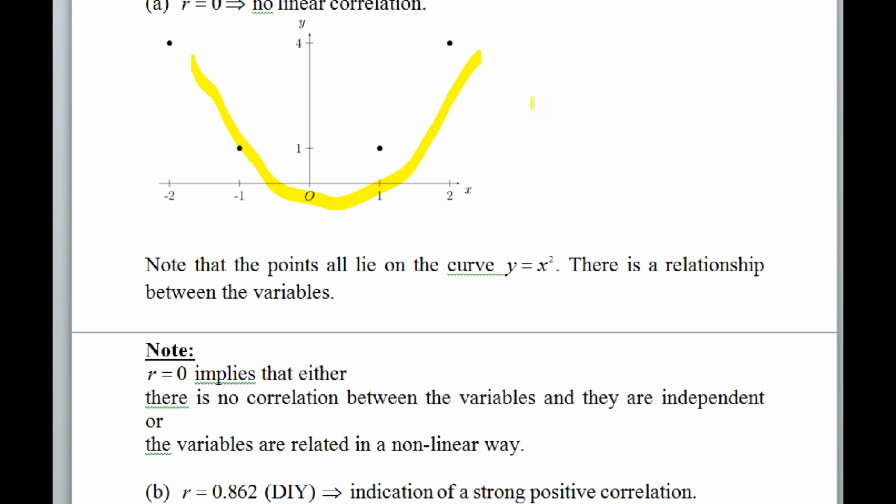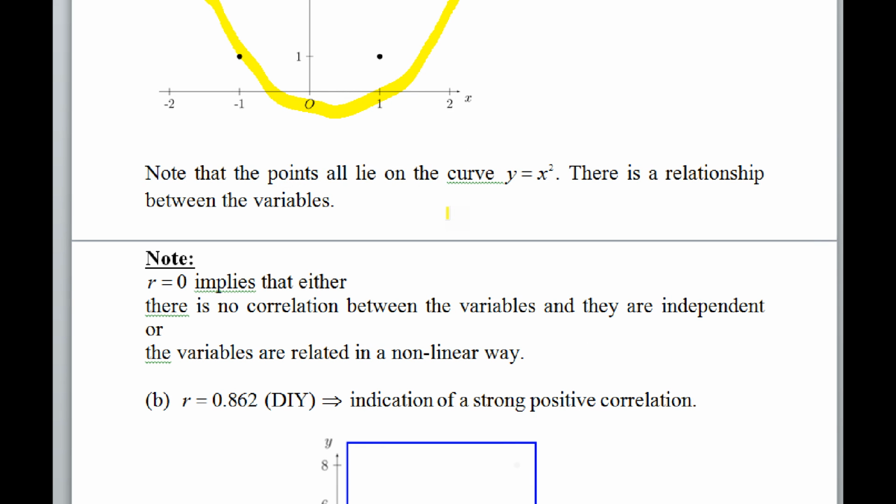Just a quick note: R equals 0 could mean that there's really no correlation, if the scatter plot is all over the shop. But if the points seem to lie like that, there is a relationship, but just not linear. So you have to consider both R and the scatter plot.